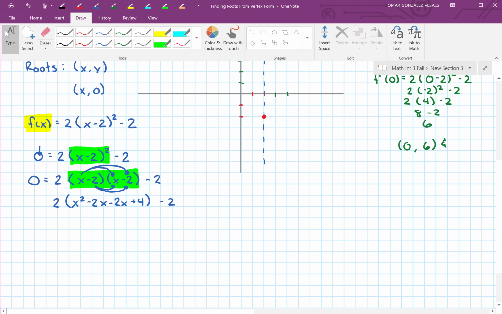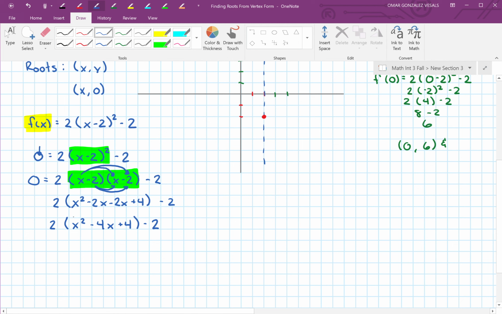So now I'm going to simplify inside of the parentheses. Okay, so I'm going to do this. X squared minus 4x plus 4. Is everybody okay where the negative 4x came from? Okay, and now I have to distribute.